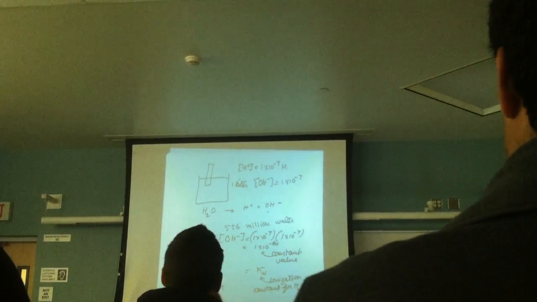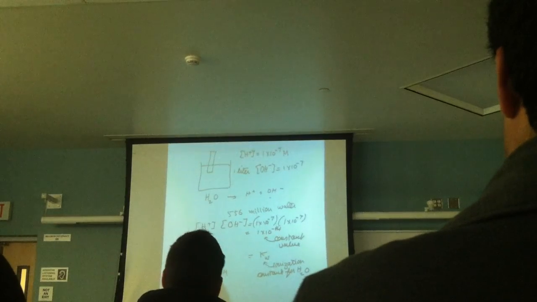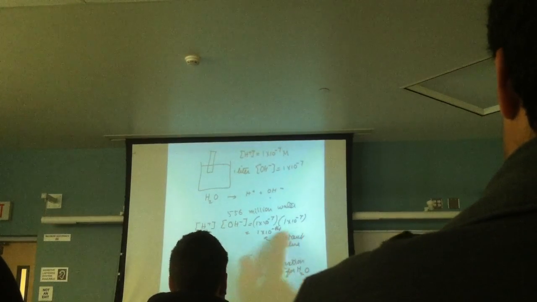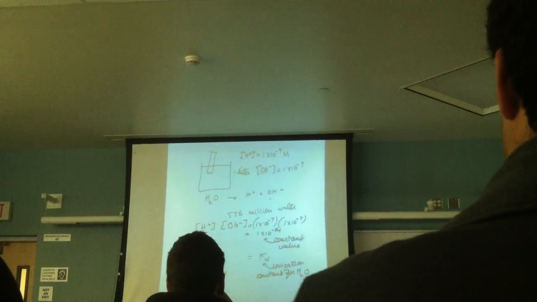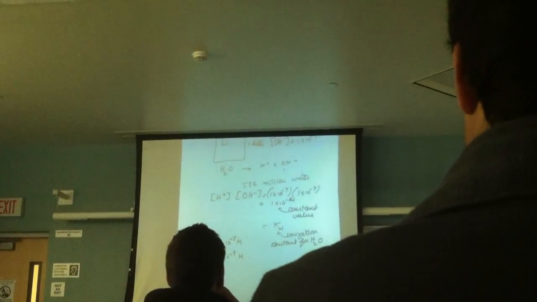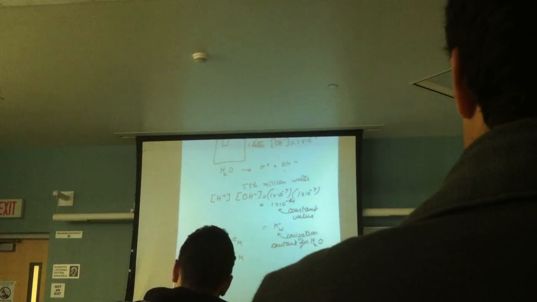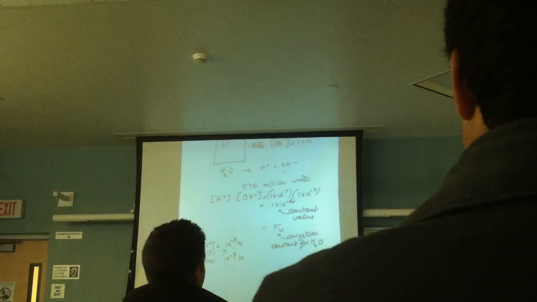If the hydrogen ion is 10 to the negative 5, together 10 to the negative 14, what is the hydroxide? How come? Together 10 to the negative 14. If you know one, you should be able to figure out the other.